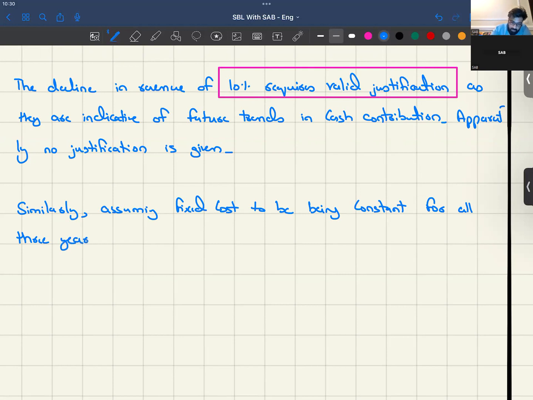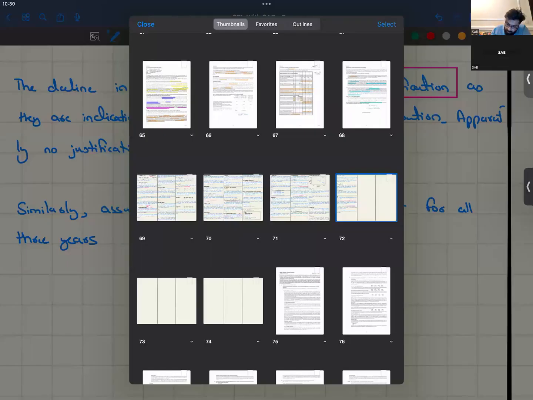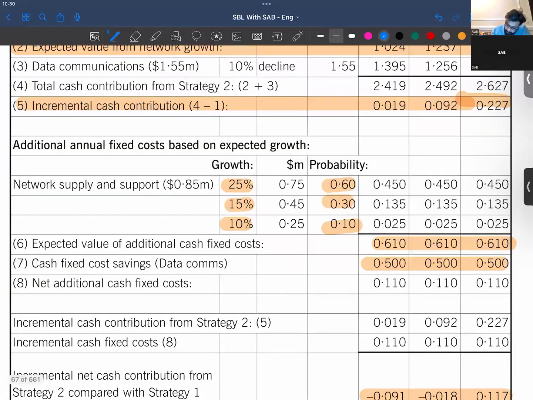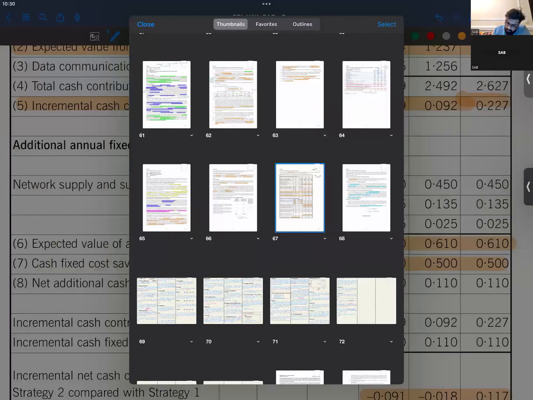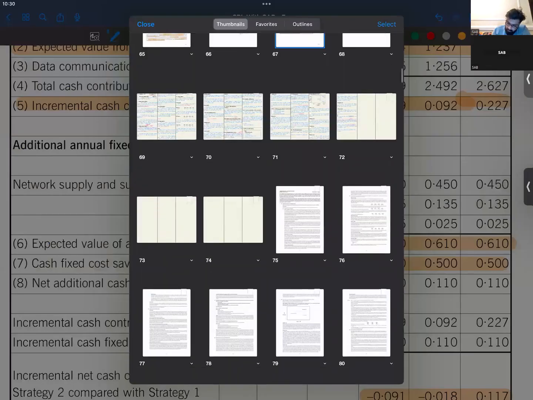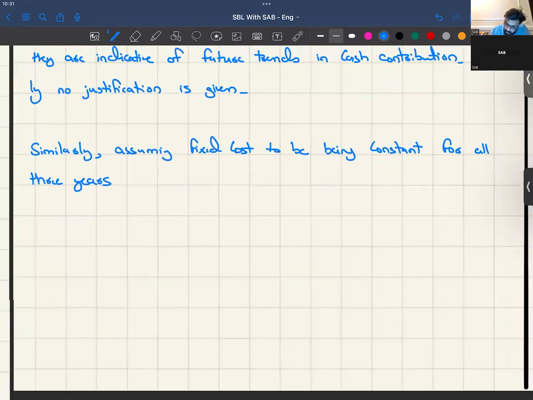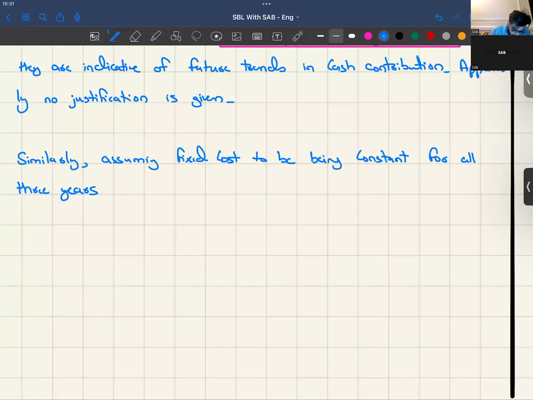If you can see, they kept fixed costs constant. They are the constant things right here. You could challenge this.